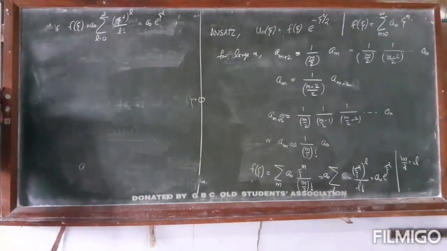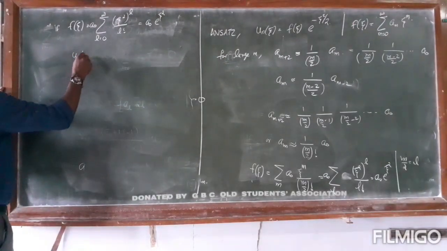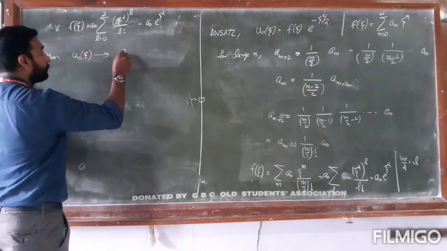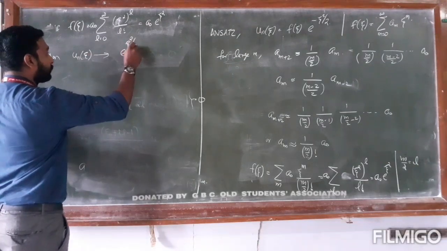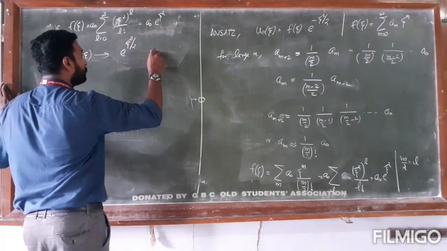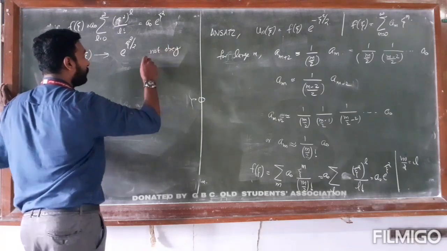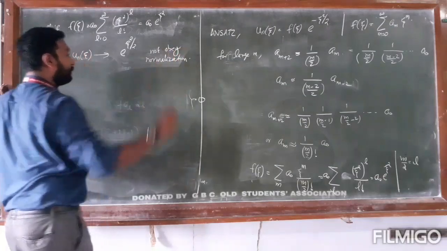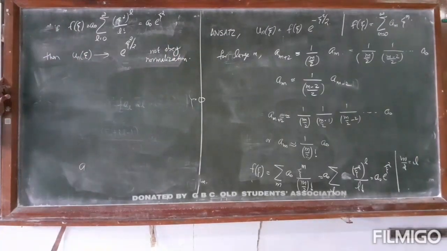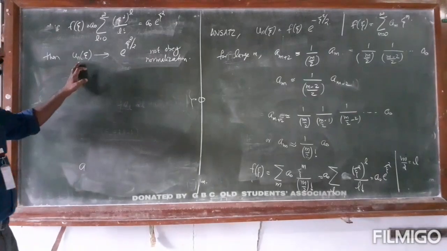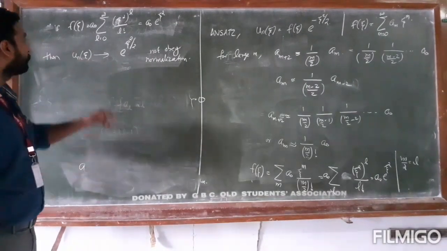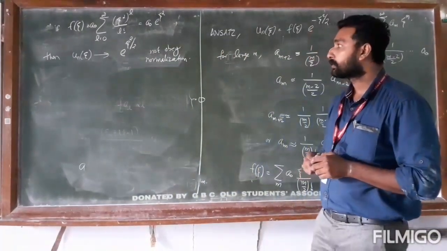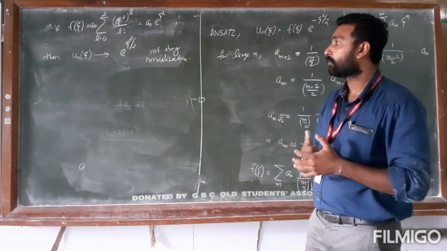And if f of theta is a0 e raised to theta square, then un of theta will take the form e raised to theta square by 2. It will not obey the normalization condition. So that means you cannot write f of theta in this particular form. Then what is the other way?